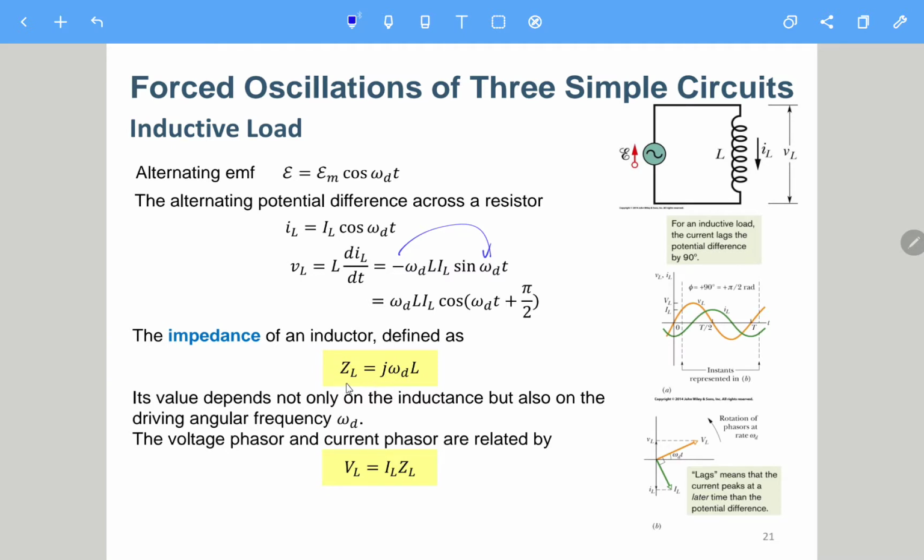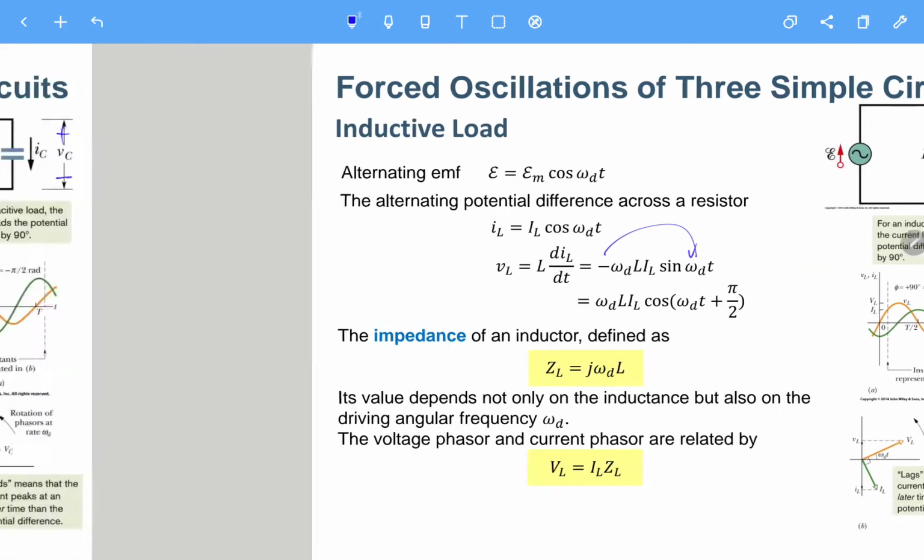So it makes ZL equal to j omega L, which is the impedance of an inductor. Okay, so after making this definition, we can have V_L equals I_L times Z_L, which also looks like Ohm's law, but a generalized Ohm's law.